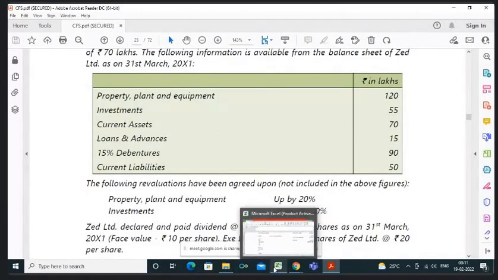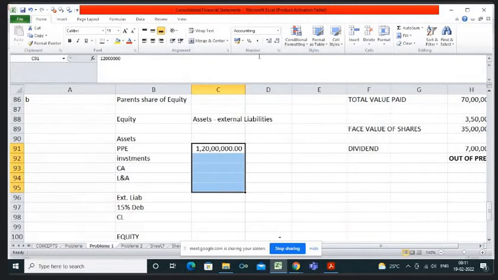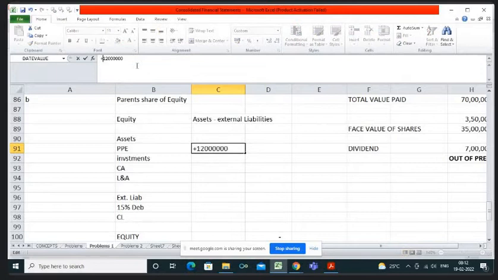But there is an appreciation of 20%. So in terms of amount, 120 lakhs, and we have to adjust for the increase. 100 plus 20, it will become 120%.